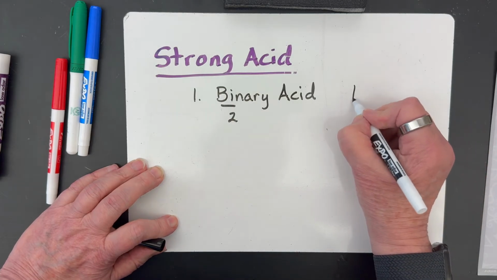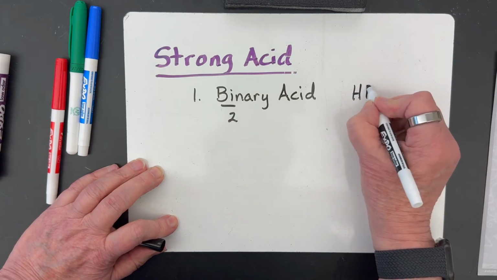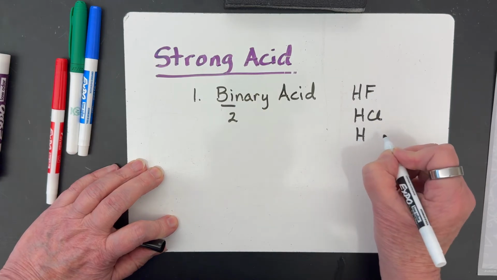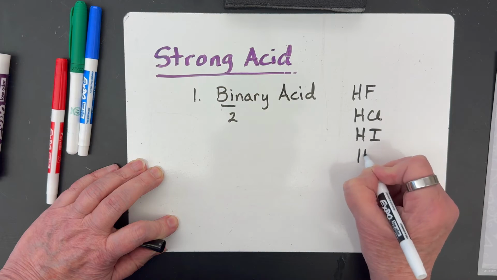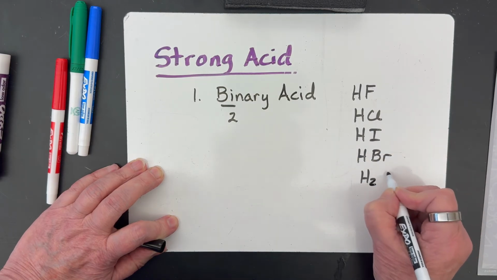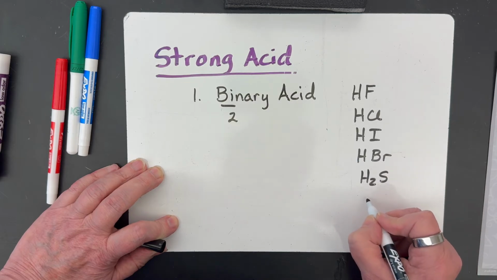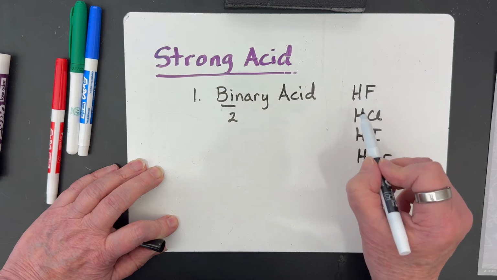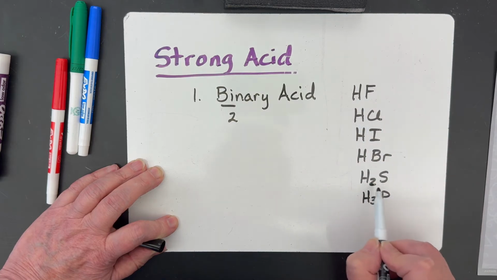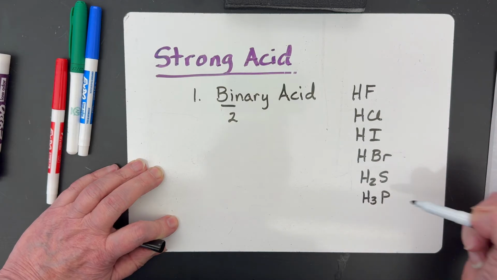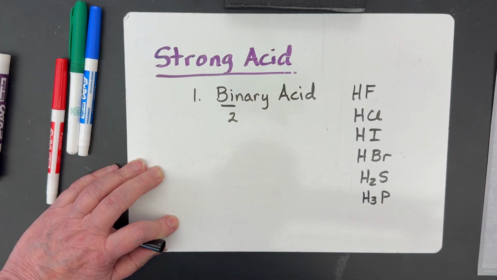Examples would be HF, HCl, HI, HBr, H2S, H3P. Notice there's only 2 elements. There may be more than 2 atoms, but there's just hydrogen and another element.